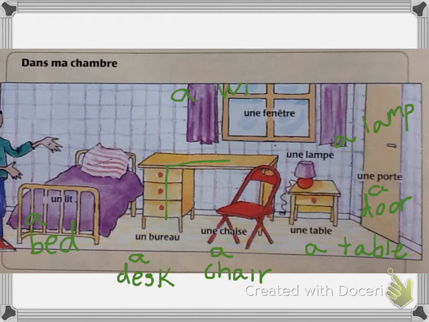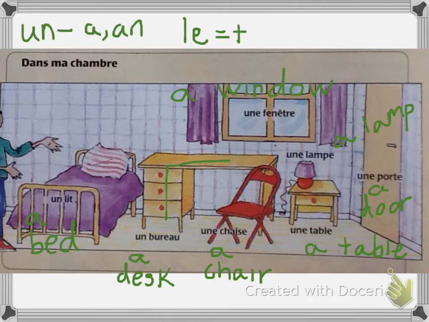Again, remember, if I'm using un, I'm saying a or an. If I want to make that be the, I have to change the article from un to le, which would mean the. So if instead I wanted to say the bed, I'd have to say le lit. Same thing with the feminine, right? Une means a or an. To make that the, it becomes la.